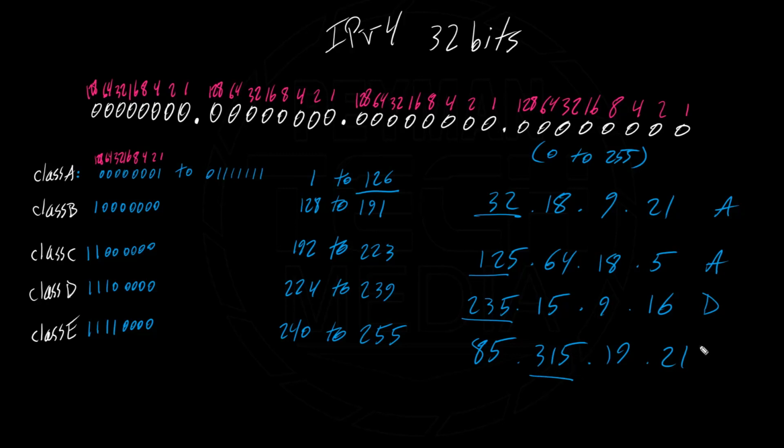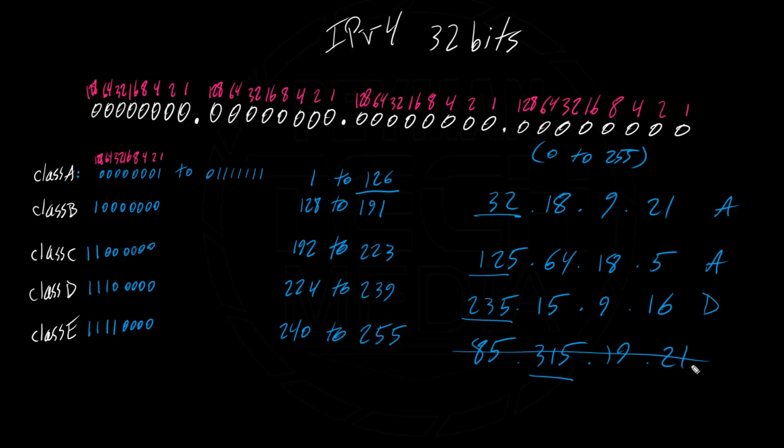So this was a tricky question. Be careful, this is not a valid IP address. If it were a correct number between 0 and 255, then 85 in the first octet would fall into class A. But 315 is not valid, so this is not a correct IP address.